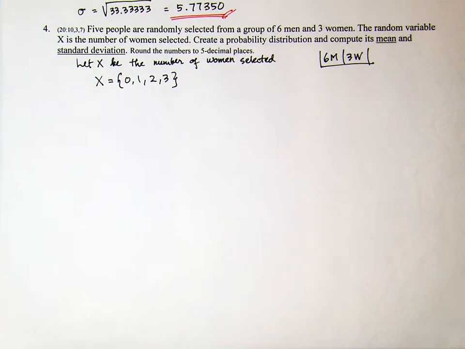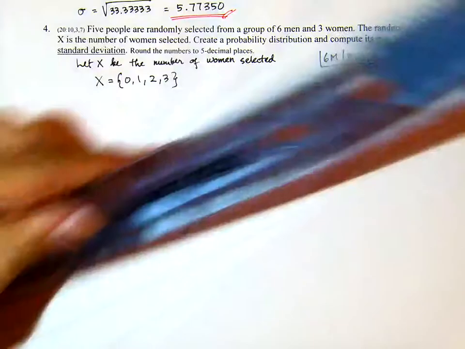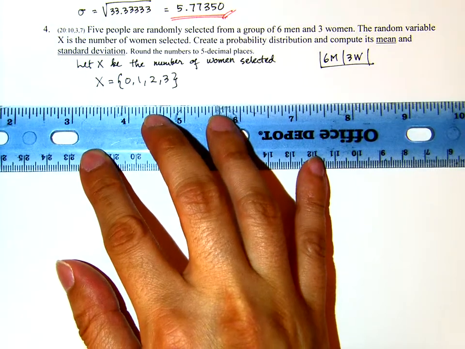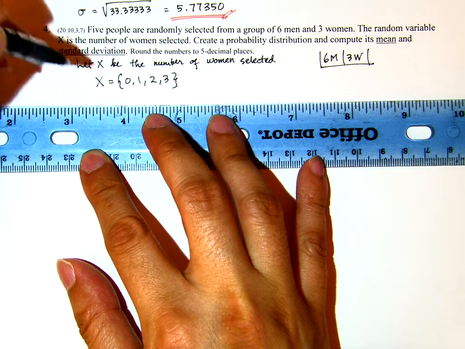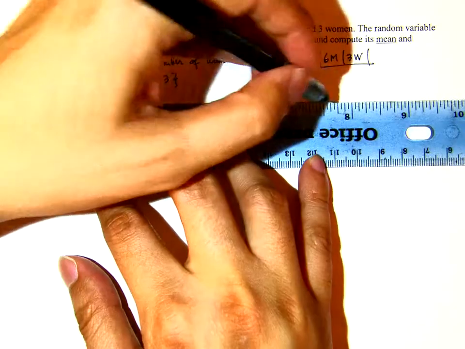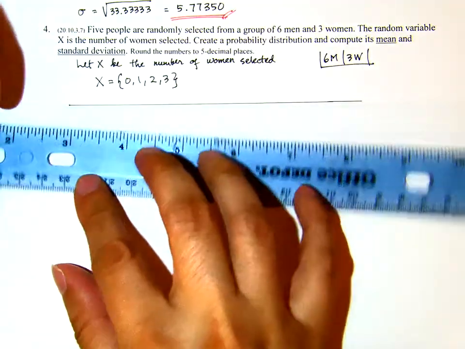Now then I will do the frequency distribution. No, I'm sorry, not frequency, probability distribution. And I make it long enough because I know later on I need to extend it.